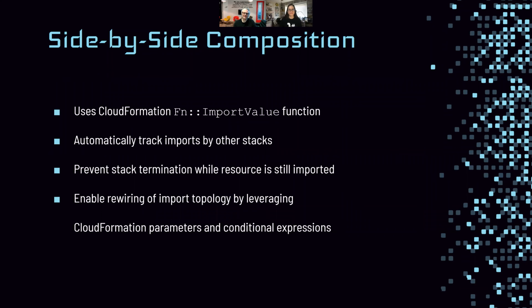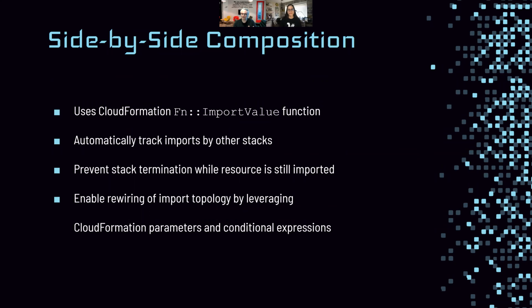Now, the other thing is sometimes you do need to make those changes. Sometimes you want to... these arrows create effectively a topology. It's a graph. You have stacks that provide resources and you have stacks that consume resources. And right now, if you just applied naively by importing values exported from a stack, you create a tightly coupled connection, and that connection cannot be severed, and the exporting stack cannot be removed.